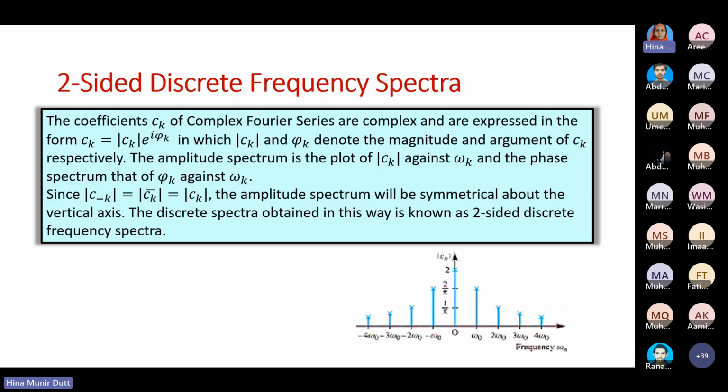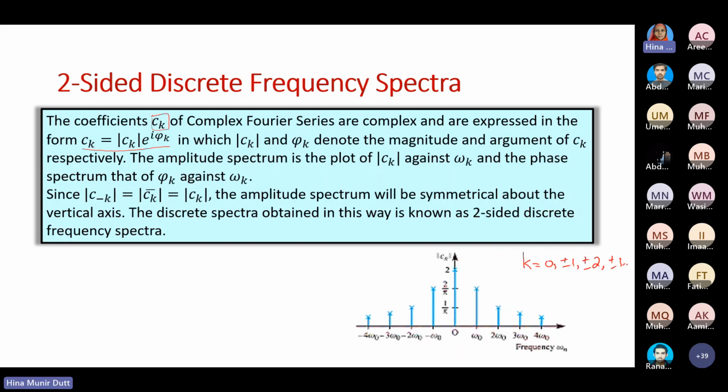And if I plot the coefficient ck, the coefficient of the complex Fourier series, the amplitude spectrum is the plot of this ck against omega k, and the phase spectrum that of phi k against omega. Because here for the complex Fourier series, there are negative values as well.